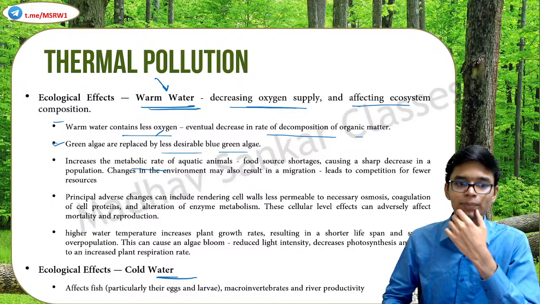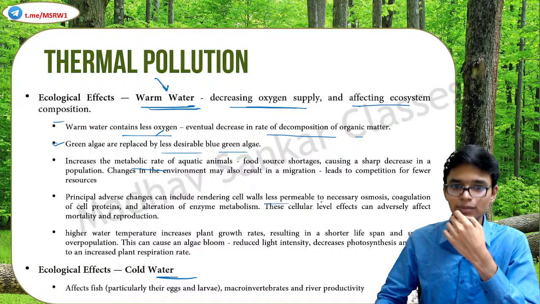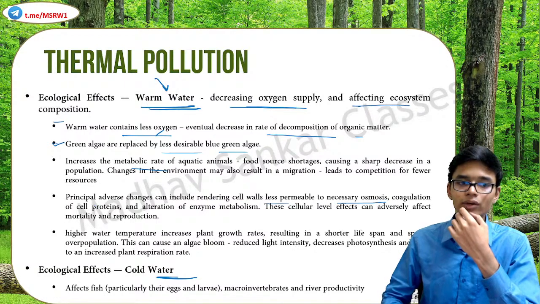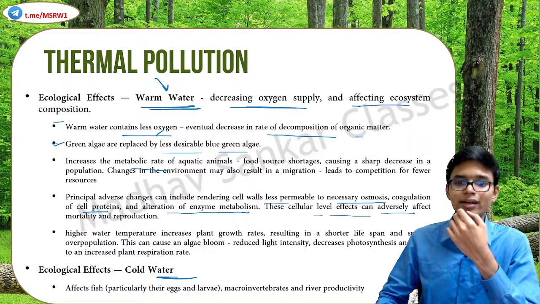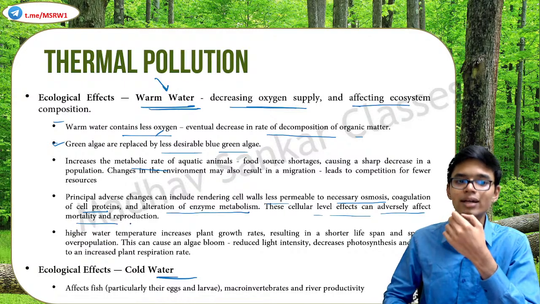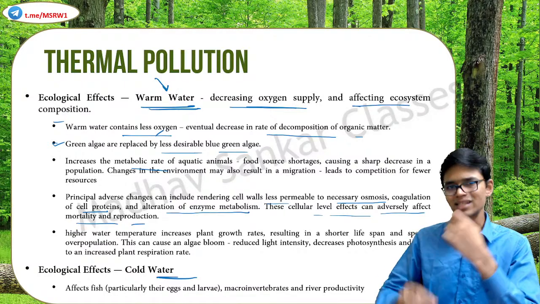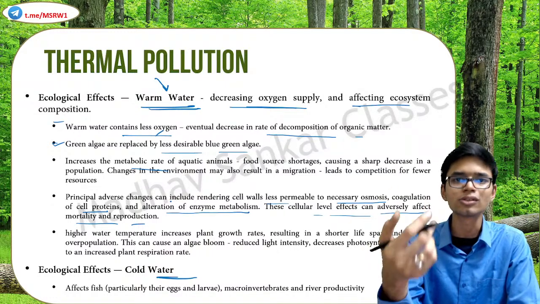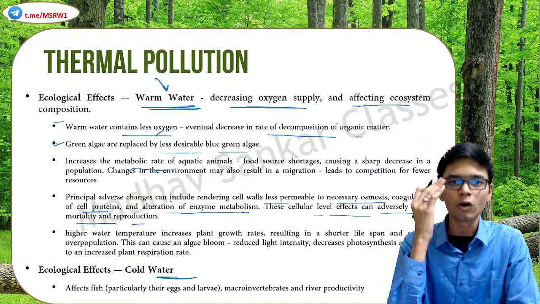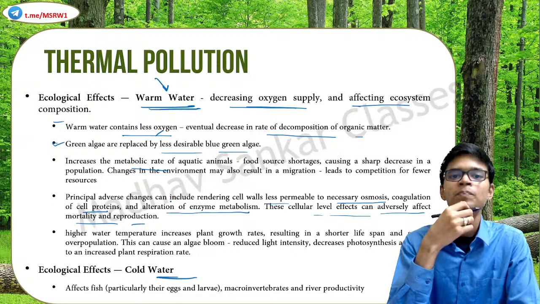Clear? Similarly, principal adverse changes can include rendering the cell walls less permeable to necessary osmosis, coagulation of cell proteins, and alteration of enzyme metabolism. These cellular level effects can adversely affect mortality and reproduction. So basically, through a process called osmosis. I hope you know what osmosis is. You might have studied this in chemistry or biology in your school days.